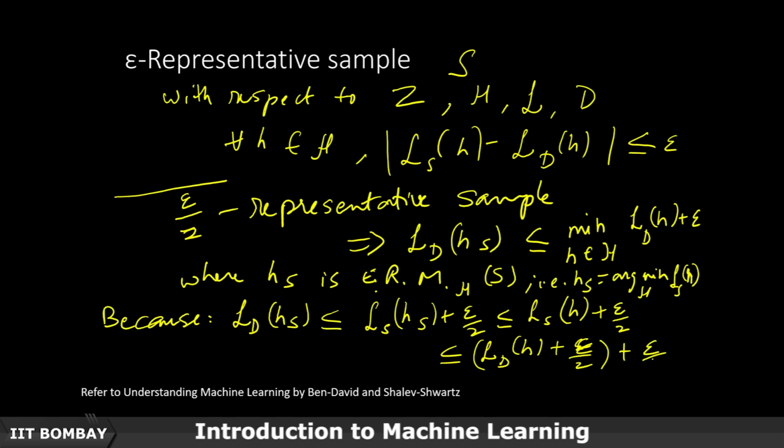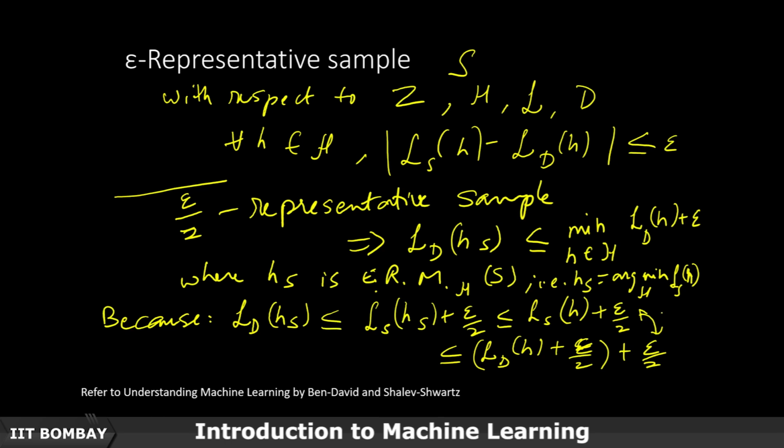One of the epsilon by 2 terms comes from here, the other comes from any hypothesis being epsilon by 2 representative. So that's how we get epsilon by 2 plus epsilon by 2.